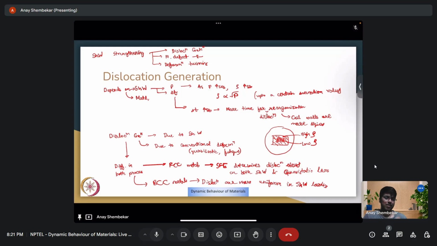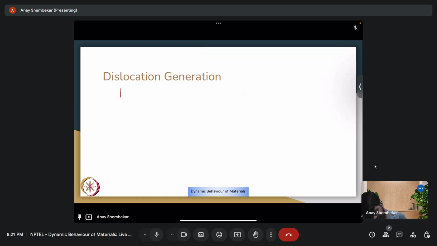A picture of how the stacking fault energy looks can be drawn here. So stacking fault energy on the y-axis, you have critical twinning pressure. So roughly a straight line like this. At low stacking fault energies, below critical twinning pressure, stacking faults are dominant, and beyond the boundary, you have twin faults which are dominant.